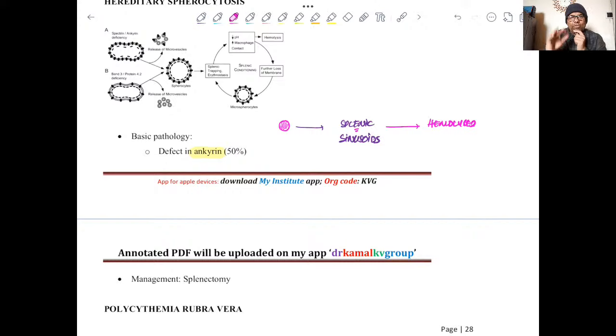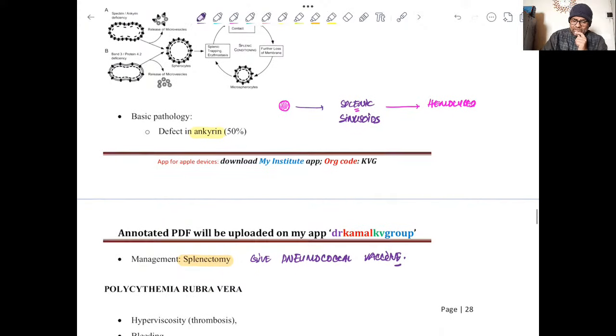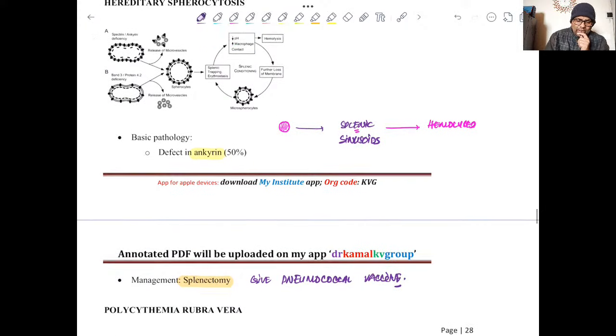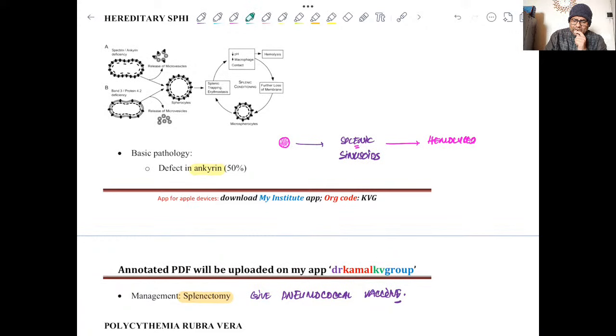Spleen is the site of RBC breakdown. So what we need to do? We need to sacrifice the spleen. So splenectomy is done, but give pneumococcal vaccines. Otherwise there will be overwhelming post-splenectomy infection, right?